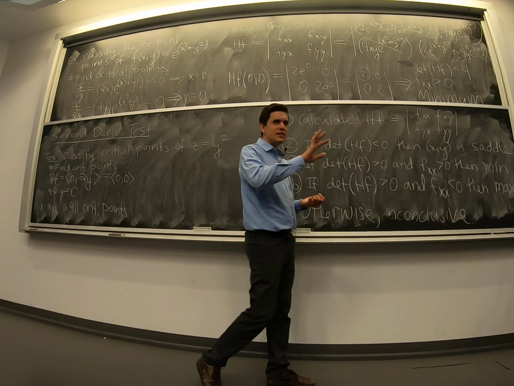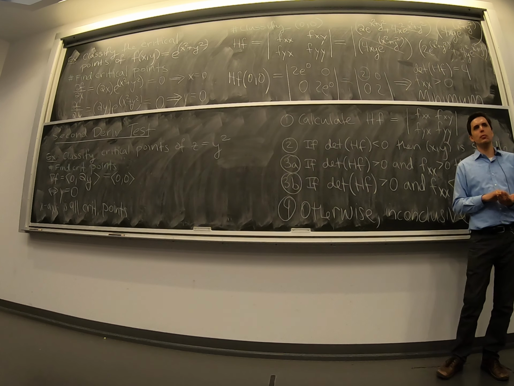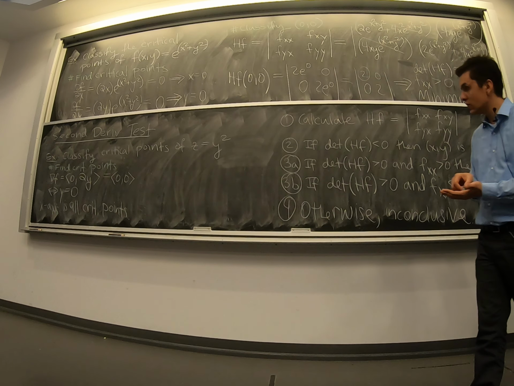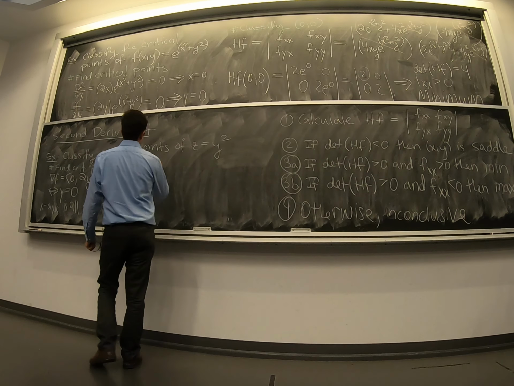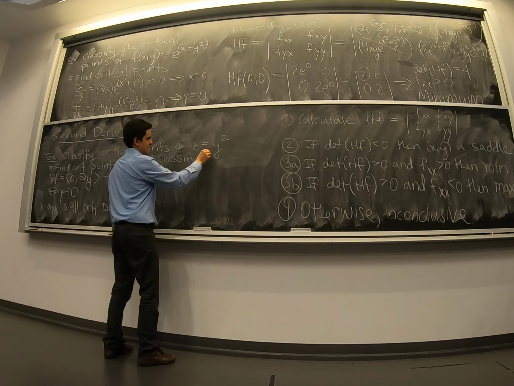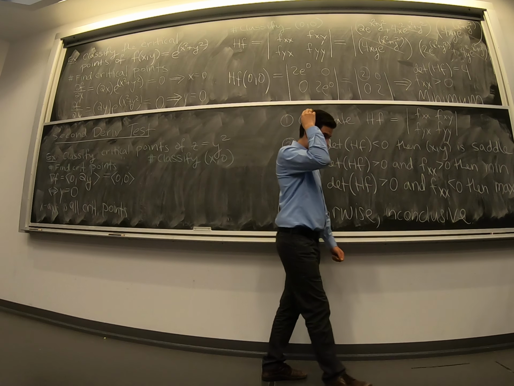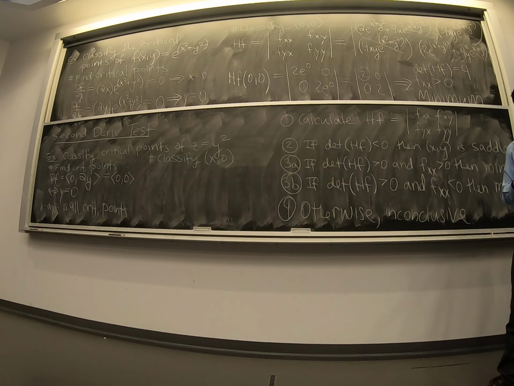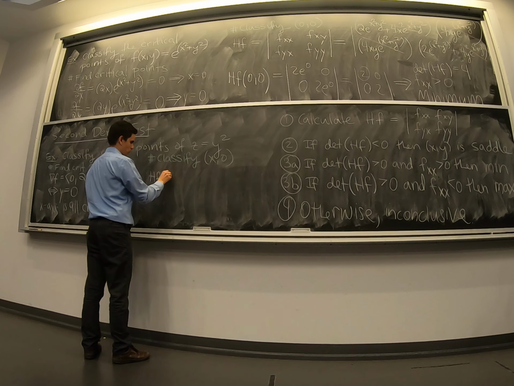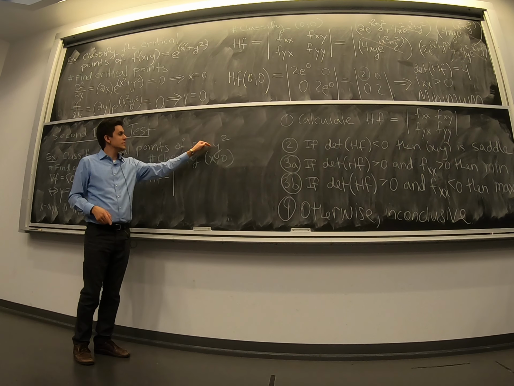So already things are a little strange, right? We have infinitely many critical points. Okay, now when we write down our Hessian matrix, there's no x coordinate in here, right?